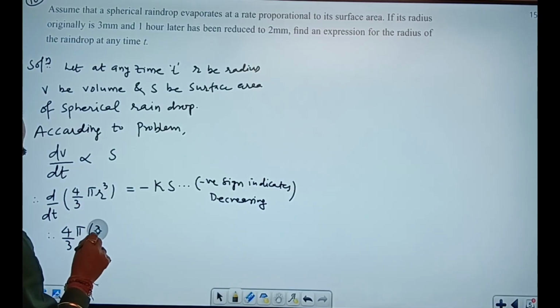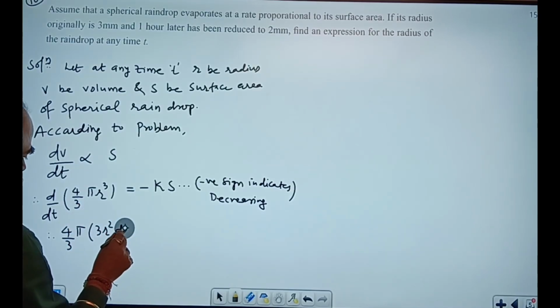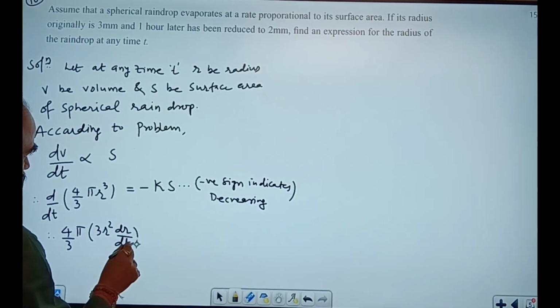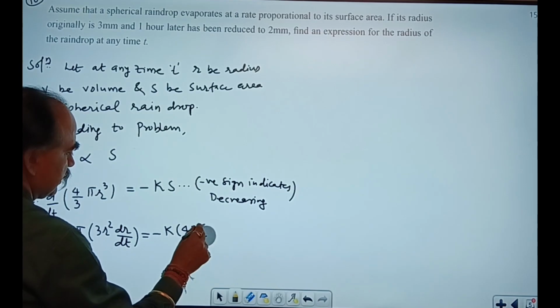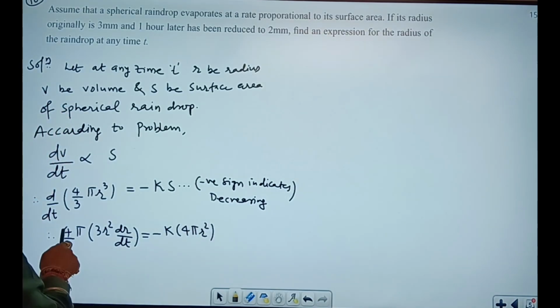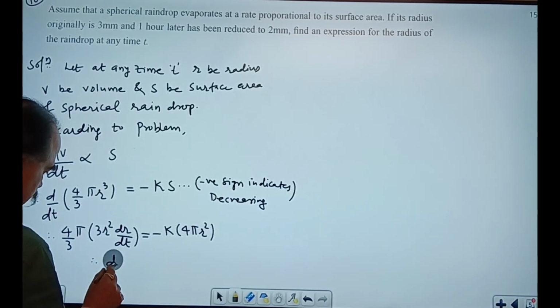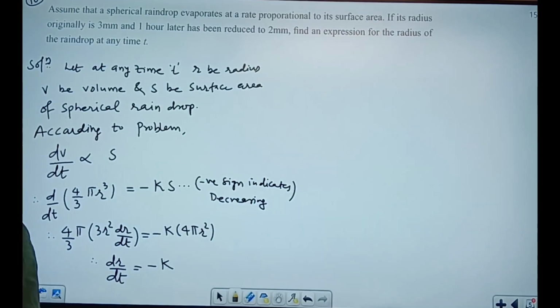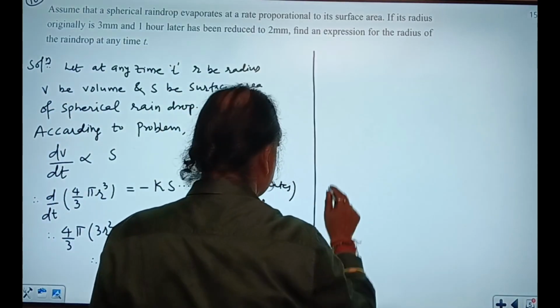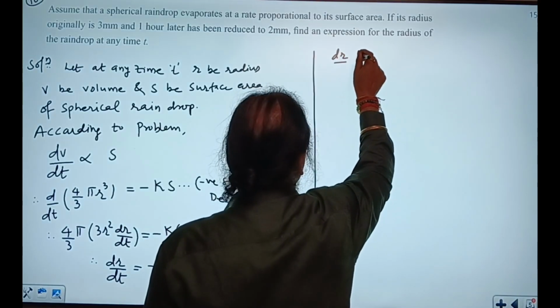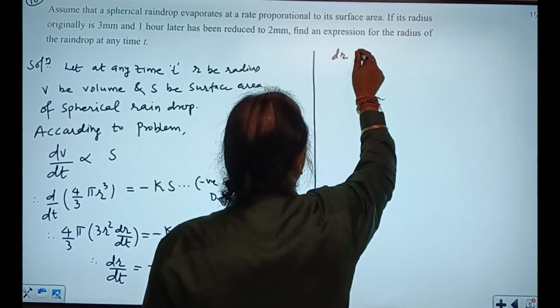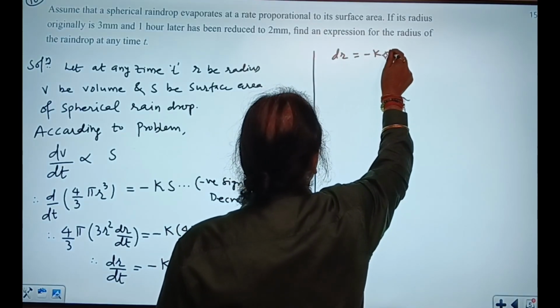Derivative of r cube is 3r square dr by dt, equals minus k into 4 pi r square. Now 4 pi 3 and r square will get cancelled. So dr by dt is minus k. So dr is minus k dt.